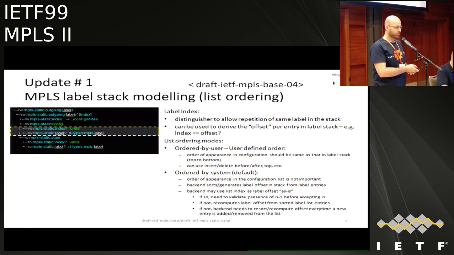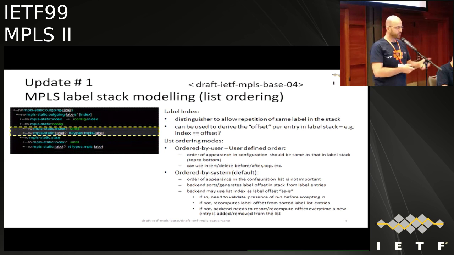Yang defines two modes of ordering a list, either user ordered or system ordered. User ordered means the way they appear in configuration is the way the labels will be pushed onto the packet. So the index is not of relevance then, but the order appearing in configuration is.